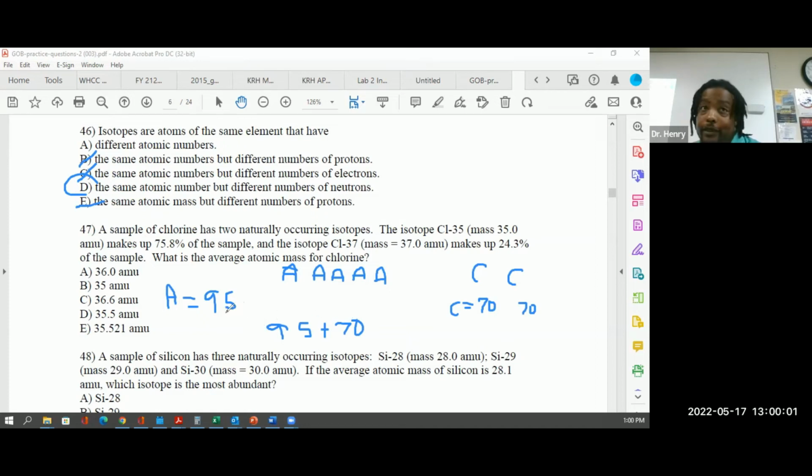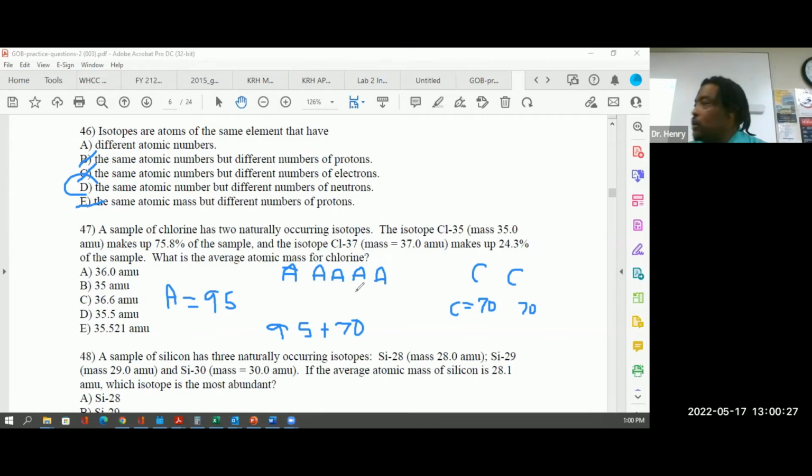I would just take 95%, but there's 5 of them, right? So it's sort of like that. I need to take into account the quantity that I have, the percentage of them that are A's.